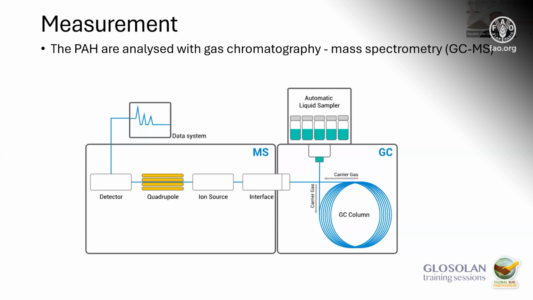So if something happens with your analysis, this deuterated compound will behave in the same way, and you can correct for things that happened during cleanup, for instance, by taking into account the recovery of the internal standard. It's a general practice in organic chemistry with mass spectrometry, also with LCMS, not only GCMS.